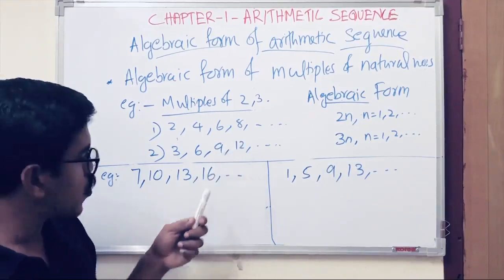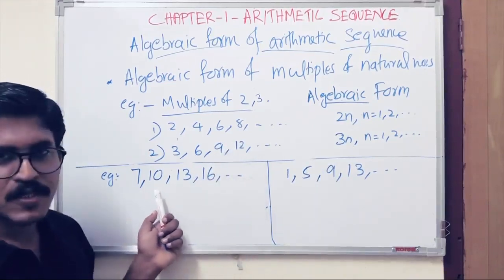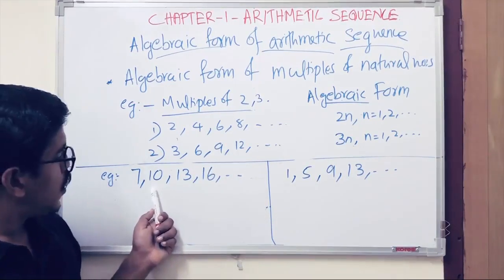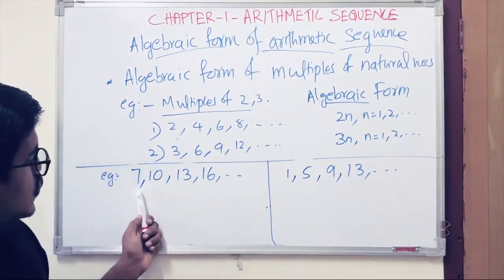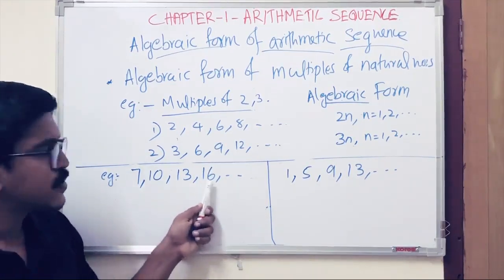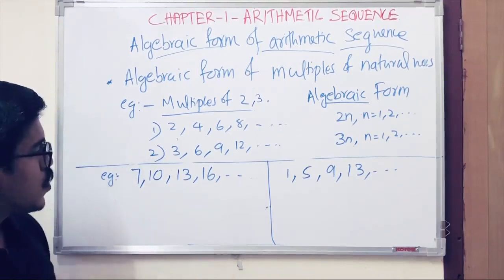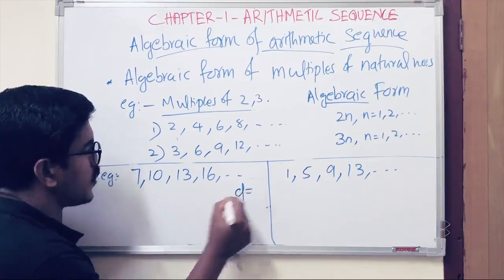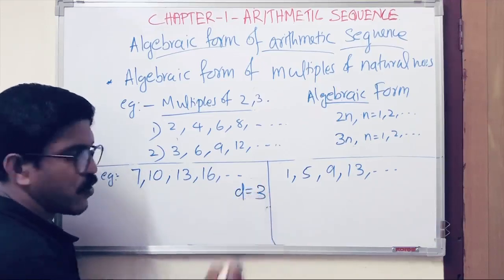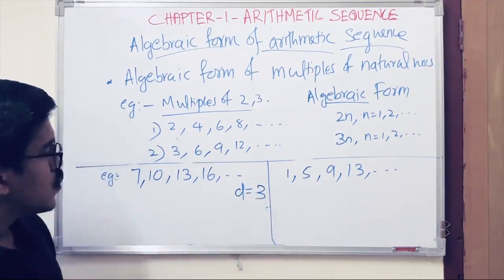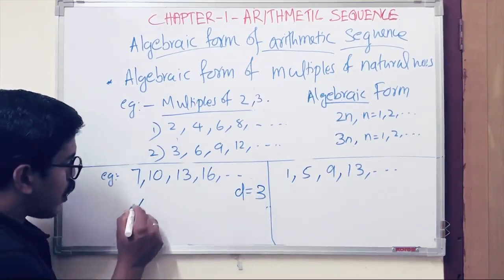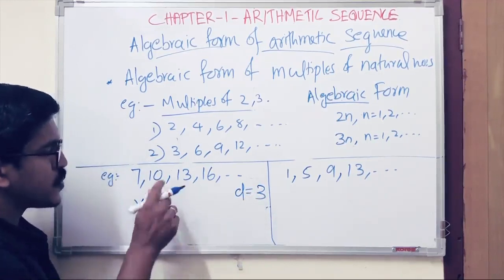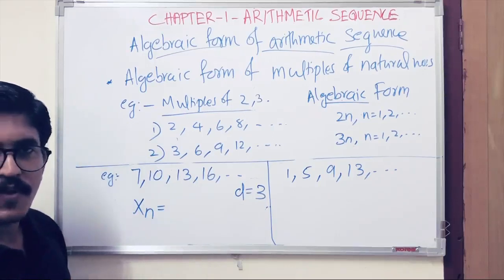We are taking this point to solve this type of arithmetic sequence. I wrote here the sequence as 7, 10, 13, 16. First we need to find the common difference. The common difference is 3 here, as all of you know. So we are going to write the algebraic form of this particular arithmetic sequence.